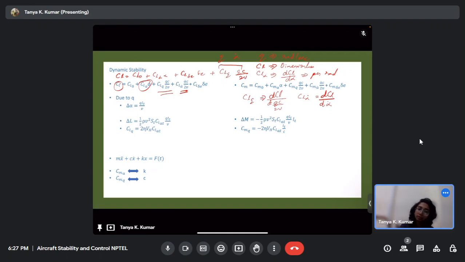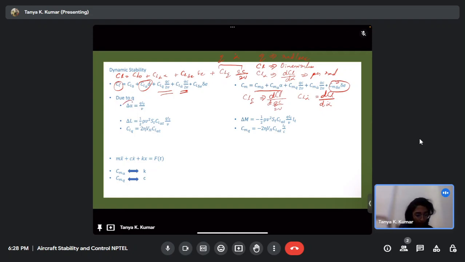Correct? Similarly, for your pitching moment coefficient, initially you had only Cm naught plus Cm alpha into alpha. Then when your control came, this term came into play, and now two new terms come in with dynamic stability. You have CMQ and Cm alpha dot, which are defined in similar ways like CLQ and CL alpha dot.